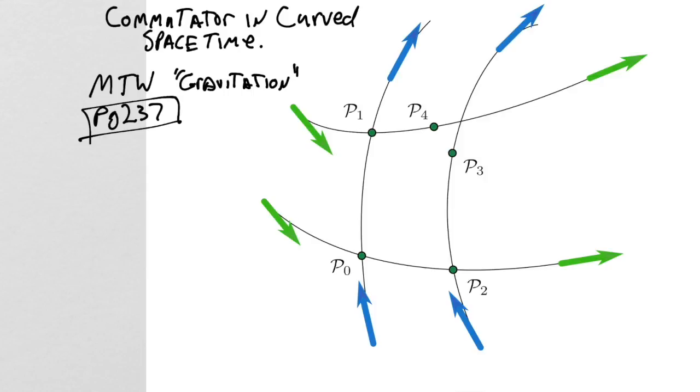On the other hand, even in a curved spacetime, you can compress this to such a small region that you can treat it as flat, which is why the flat presentation is useful. If you think of this in a limit where this little object here gets smaller and smaller around this point, then it's going to become more and more of a true rectangle, and P4 and P3 are going to merge.